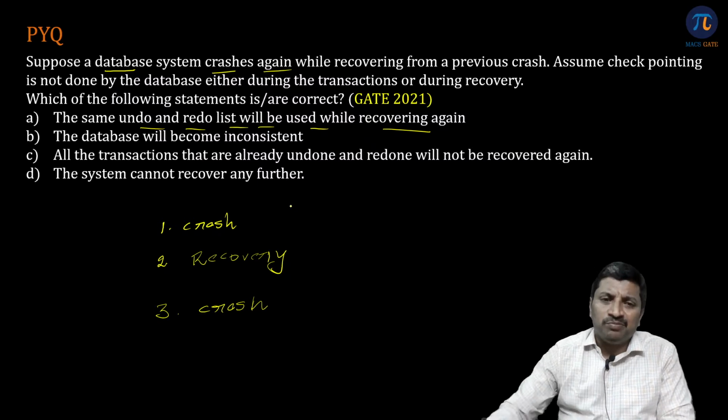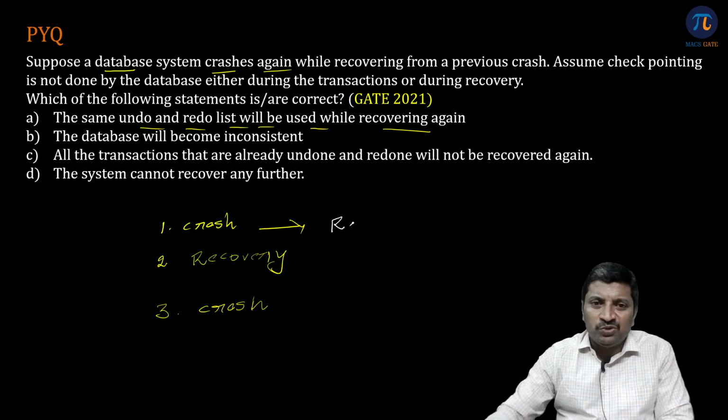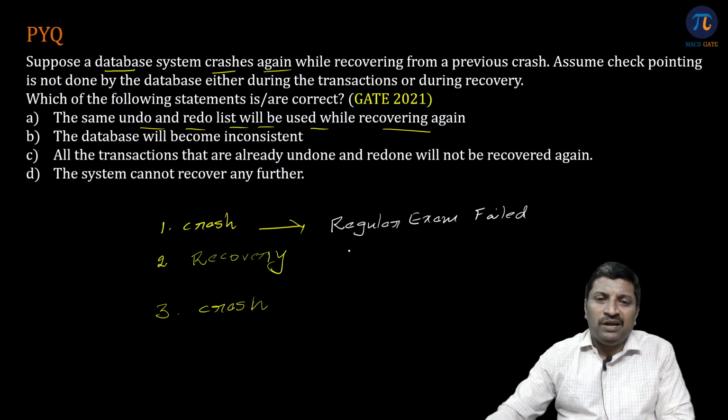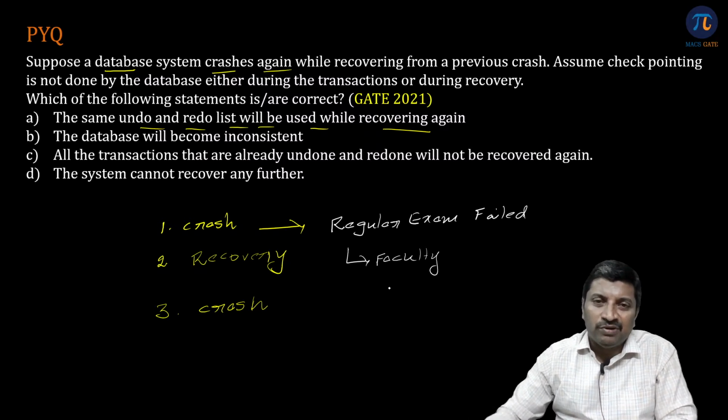Let me give a small example. Suppose you wrote some regular exam in BTech. You failed. Then you asked your faculty what to study and what not to study, that means what unnecessary things I should not keep in my mind.